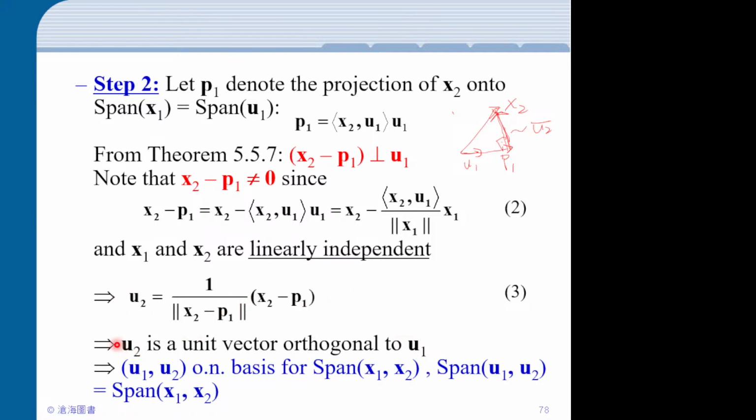By construction here, U2 has norm 1, and also we want U2 to be perpendicular to U1, and that's also true from our construction, because U2 is some multiple of something perpendicular to U1, so because this thing is proportional to U2, U2 is also perpendicular to U1. Okay. So U1, U2 is orthonormal. This is the first thing we check.